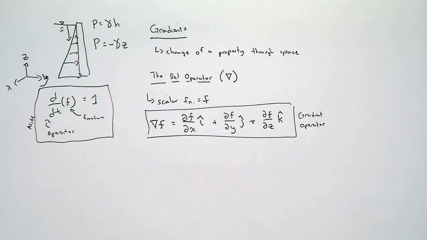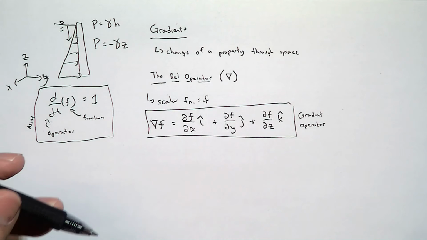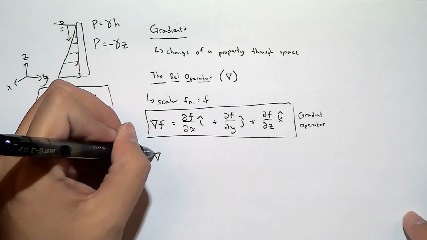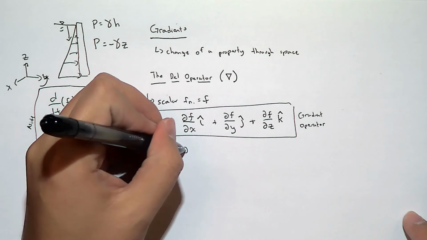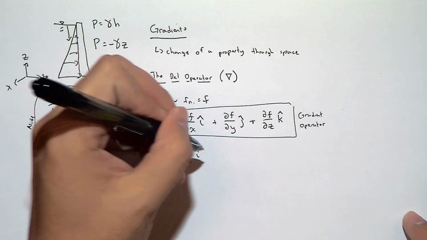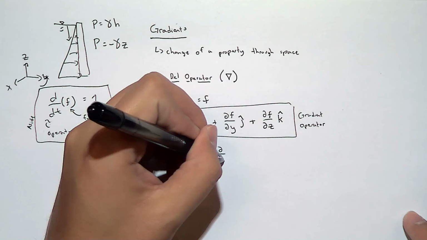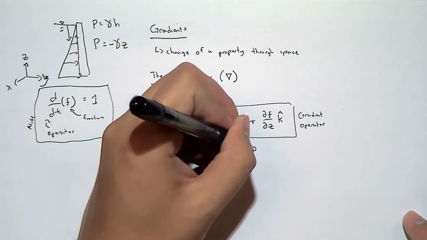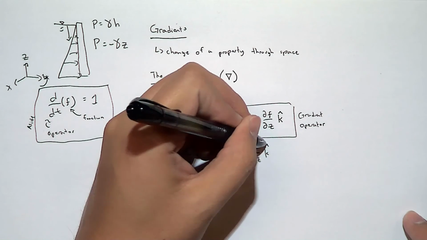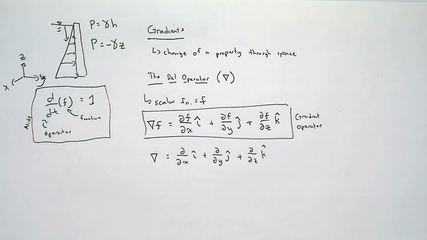Sometimes, because we want to express the operator in more general terms, you'll see nabla by itself equals partial over partial x i plus partial over partial y j plus partial over partial z k. This is a very common way of expressing nabla. But remember, this is not just any vector.